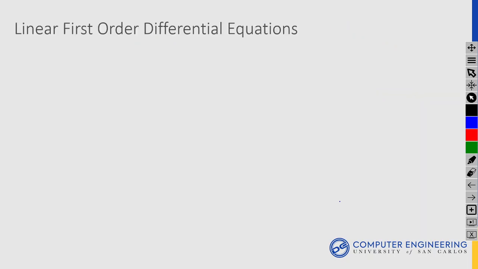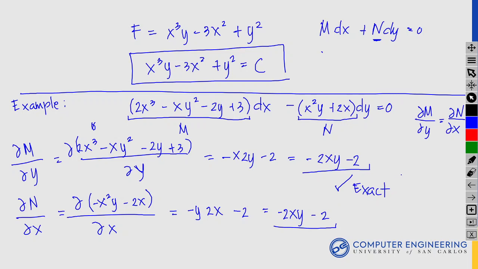So the next step is we present our options. F can be found from the coefficients of both terms. So the partial derivative of f with respect to x is equal to the given 2x cubed minus xy squared minus 2y plus 3.